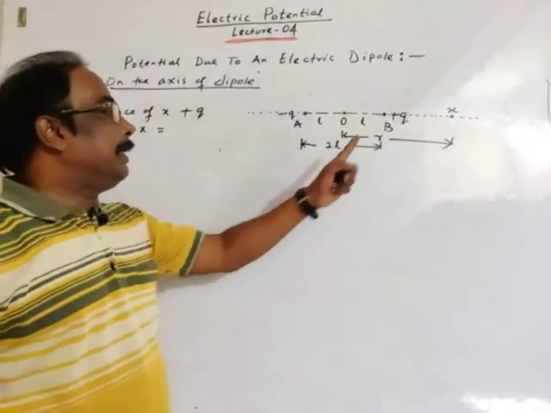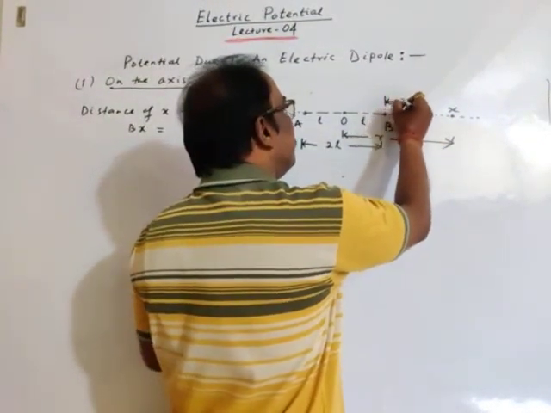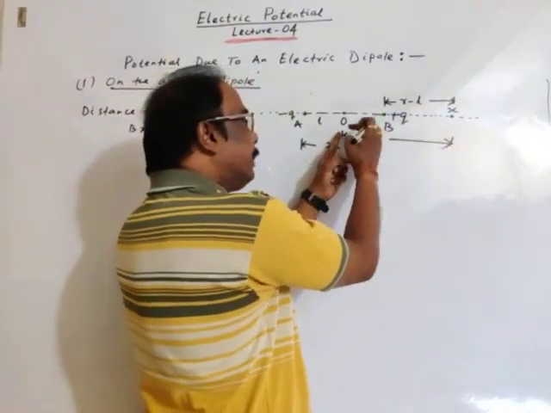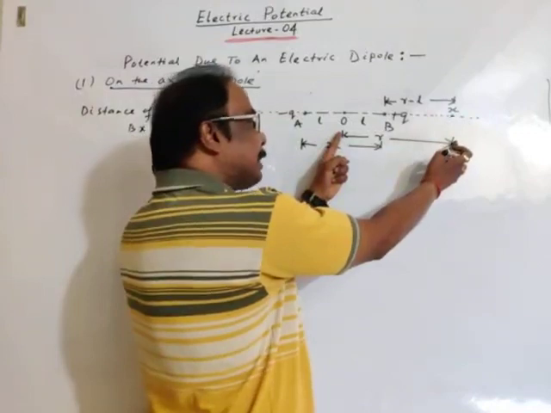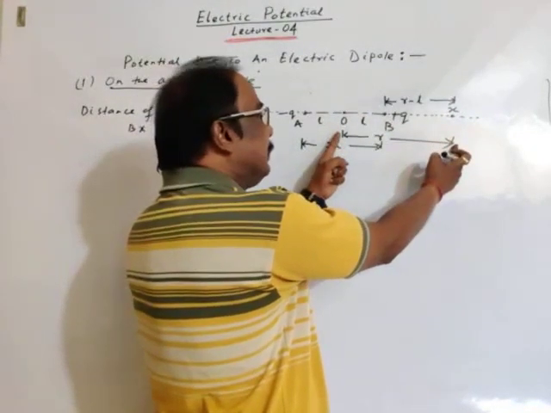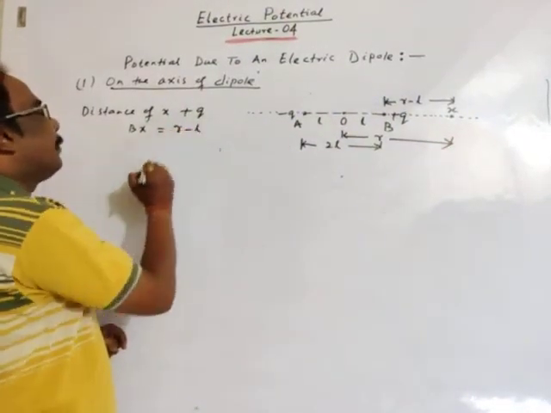Obviously, this distance is R minus L, since from the center of the dipole to point X is R, and from O to B is L. So Bx is R minus L.